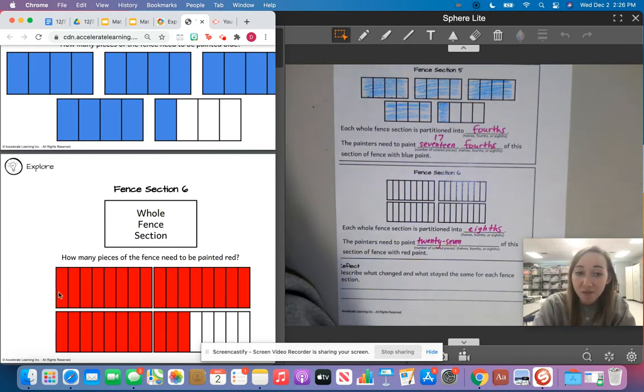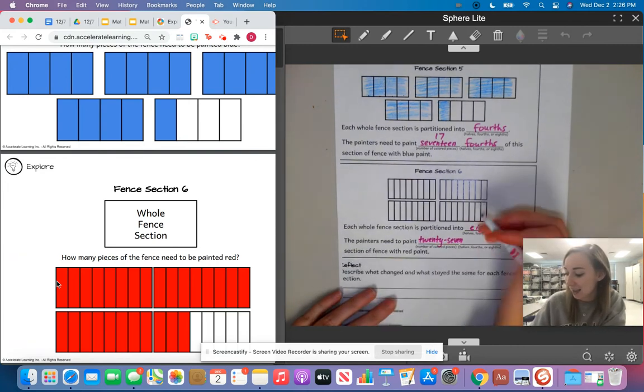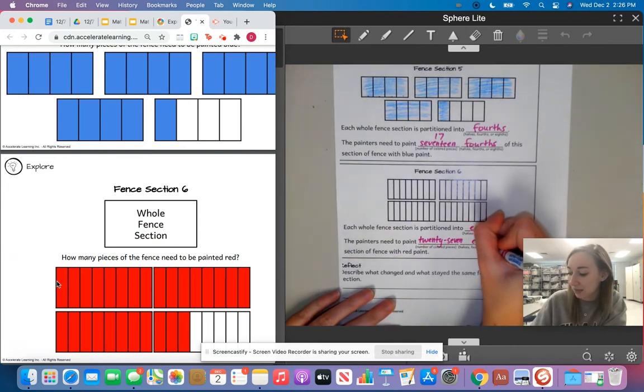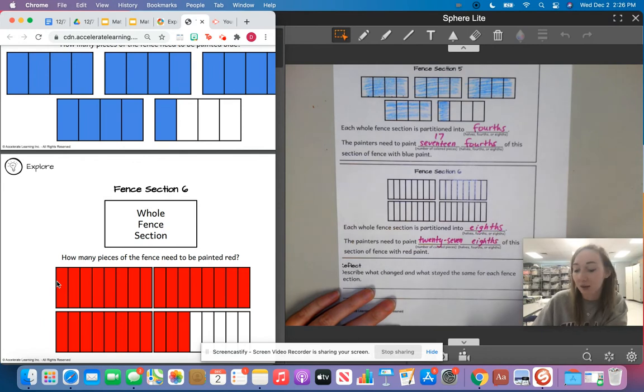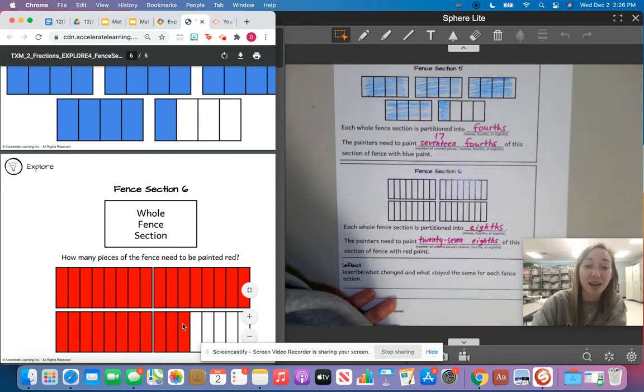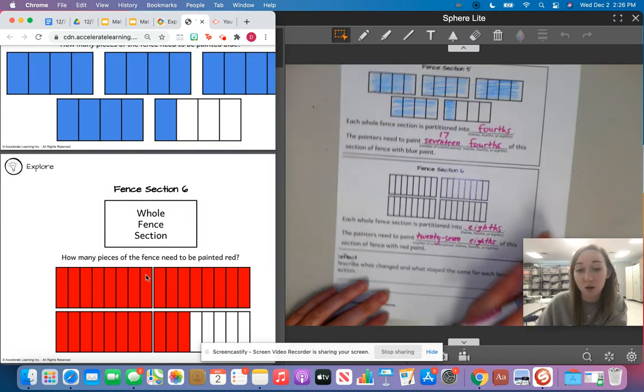Is this a half of this fence? No, that is not a half. What is it, guys? It is an eighth. These fence sections are broken into eighths, like we already talked about. So there are 27 eighths of these 4 fences that are painted red.